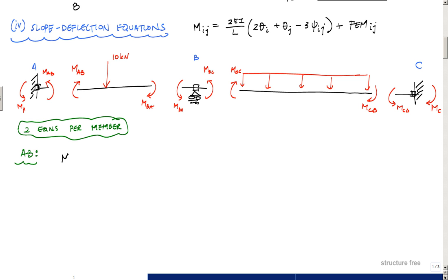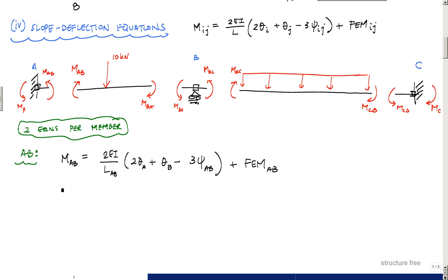So for MAB, I would have 2EI over LAB times 2 theta A plus theta B minus 3 psi AB plus FEM AB. And that would describe my internal moment right here, AB.